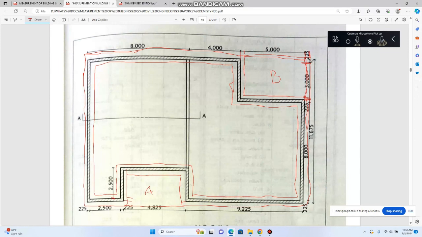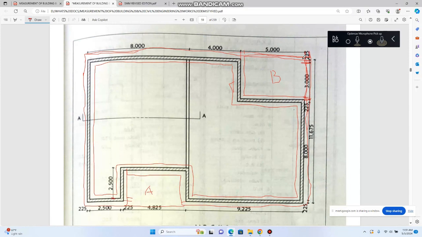Now, 2775, we shall add the width of the wall. You see, the width of the wall is included. So 2775 plus 225, we shall go back to 3,000. Then we shall add the spread because the foundation spread is outside. You see, there is a distance between the foundation spread and the wall, 225. So how much will it be? 3,000 plus 225.